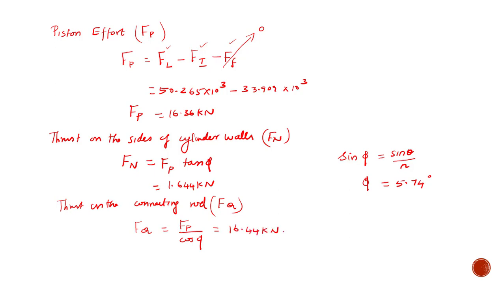The next values we need to find are the crank effort and the turning moment acting on the crankshaft. How do we find those values? Crank effort is represented by Ft, which acts exactly perpendicular to the crank and generates the necessary turning moment at the crankshaft.